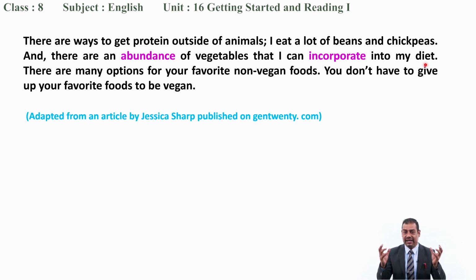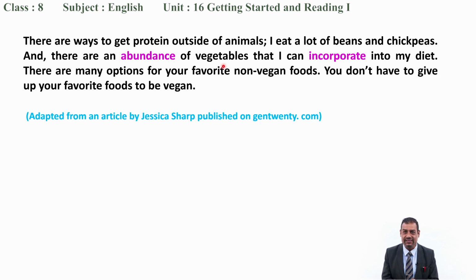See, in our diet, in our balanced food, we can include these things like beans, chickpeas, and some other things, vegetables, an abundance of vegetables. If we use them, we can find proteins. So we should not depend only on animals for protein. There are many sources from where we get proteins, and the narrator also says the same thing with us here.